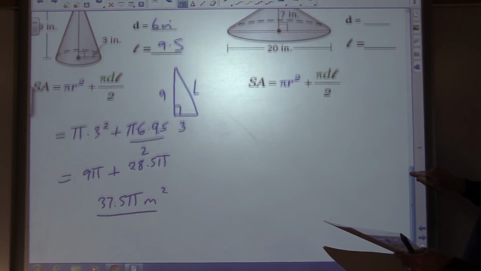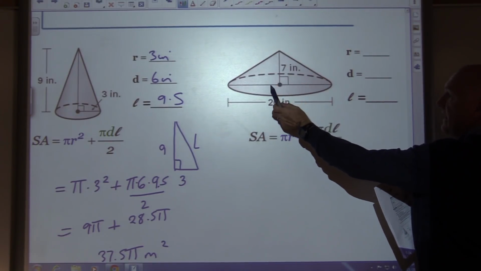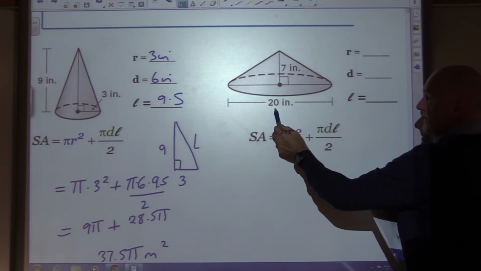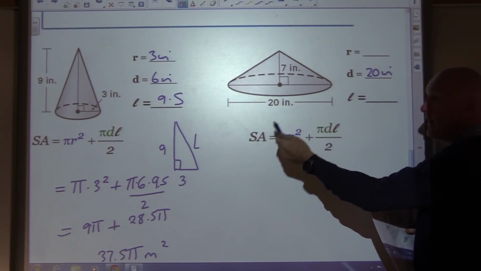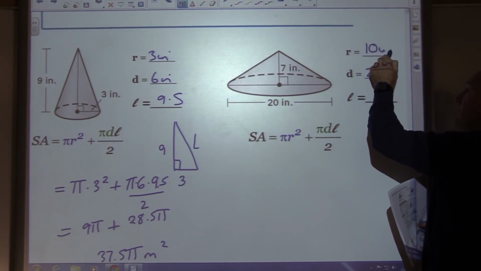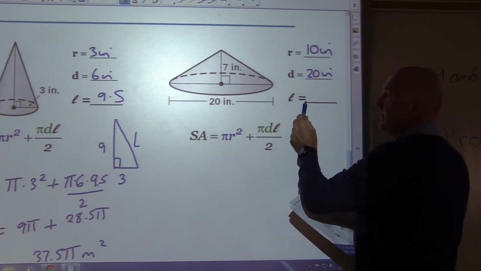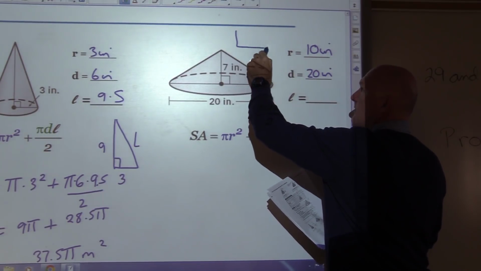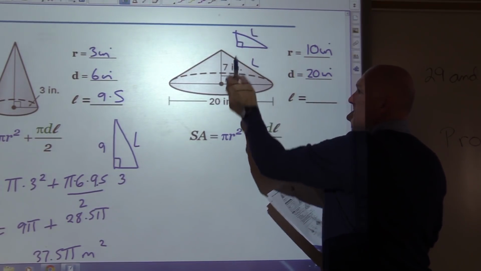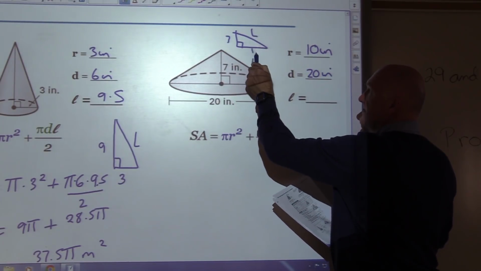Let's have a look at the other one here and see how far we can get with that. The diameter here, isn't it? Diameter is 20. So therefore we have to work backwards to the radius, which will be half of that, which is 10. And so I'm going to draw my right triangle here to find L. Remember, here's L. So my right triangle with L being here is going to consist of the 7, and half of 20 is 10.